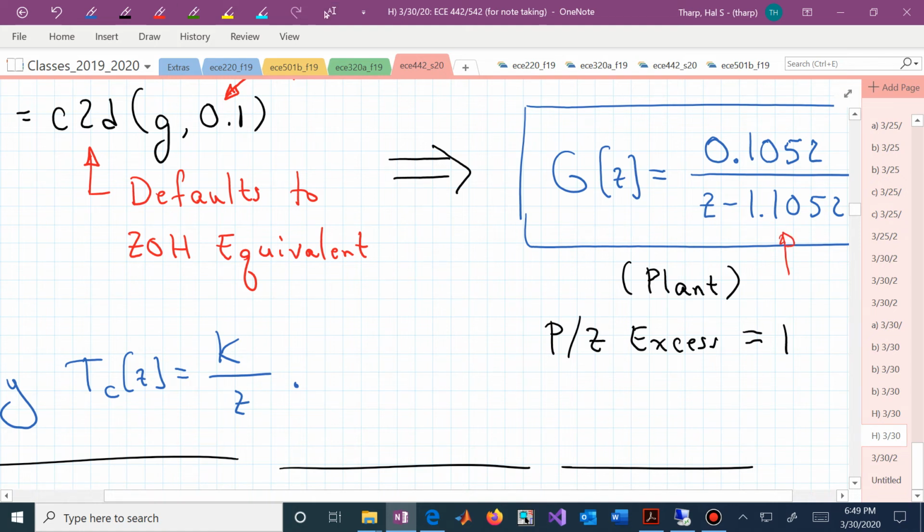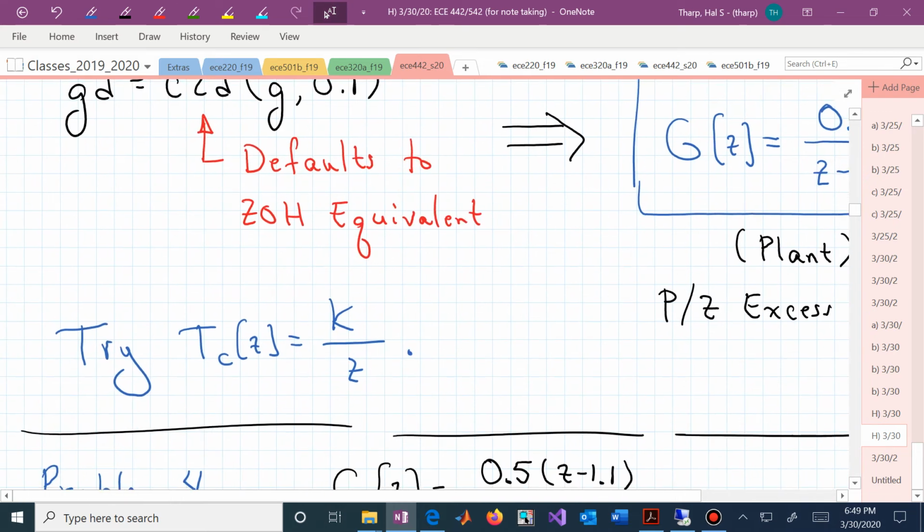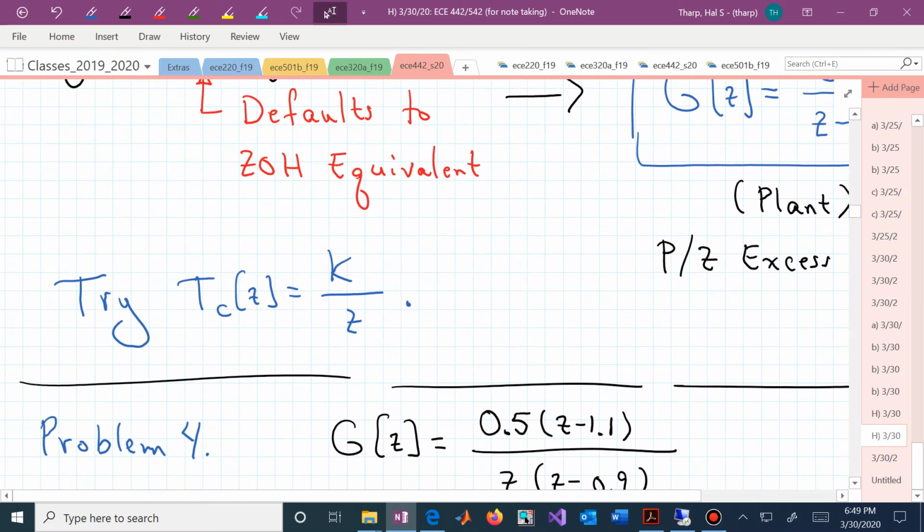Can I achieve what I need using a first order closed loop transfer function? That means I don't want any polynomial of Z other than a constant in the numerator. Can I now achieve what I need by just assuming this transfer function, capital T sub C of Z?